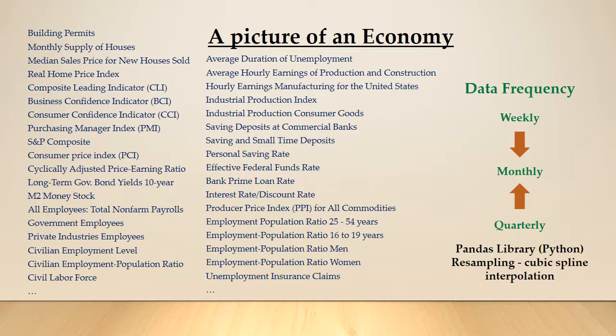So given the two ends, the weekly and the quarterly, we use a Pandas library function called resampling to interpolate monthly data. And with that, we obtained throughout our entire data set only monthly data.